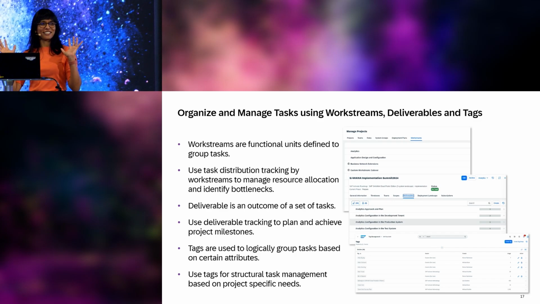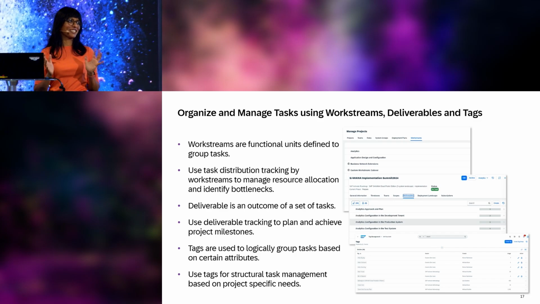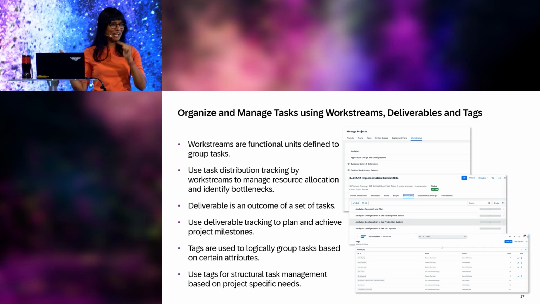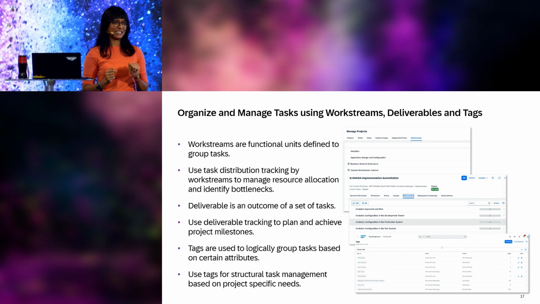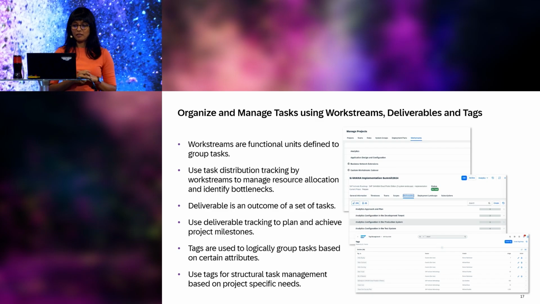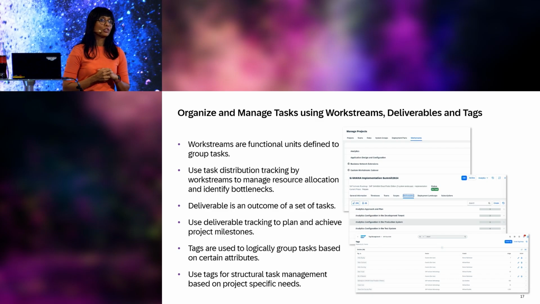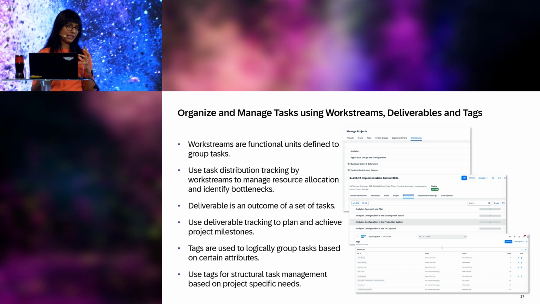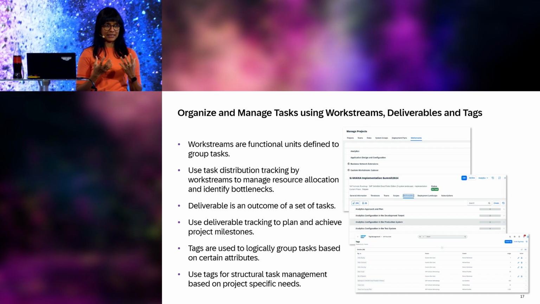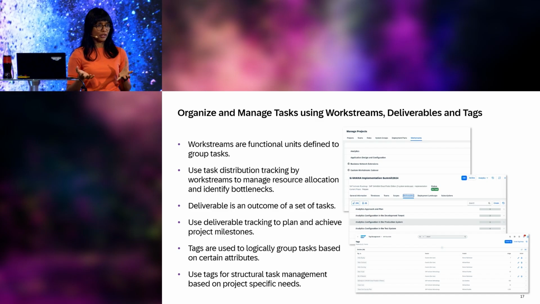We hear it very often that it's a very challenging task for you to manage all these tasks that are coming out of the Activate roadmap. So the best way to manage these tasks, or at least a more efficient way, is to start grouping these tasks into logical units.